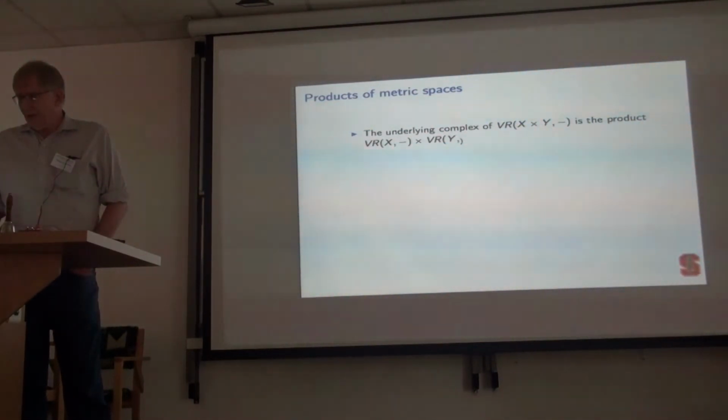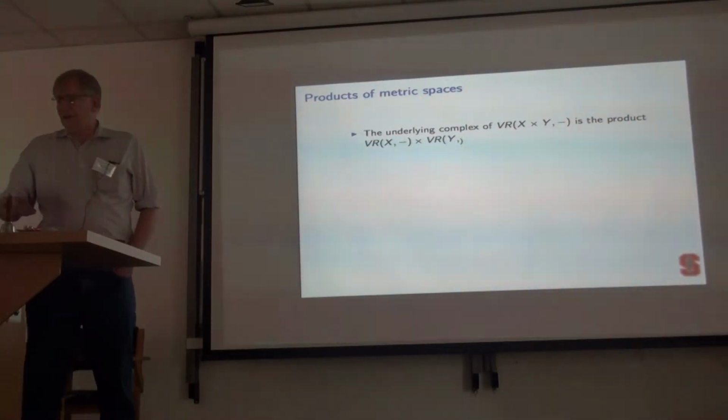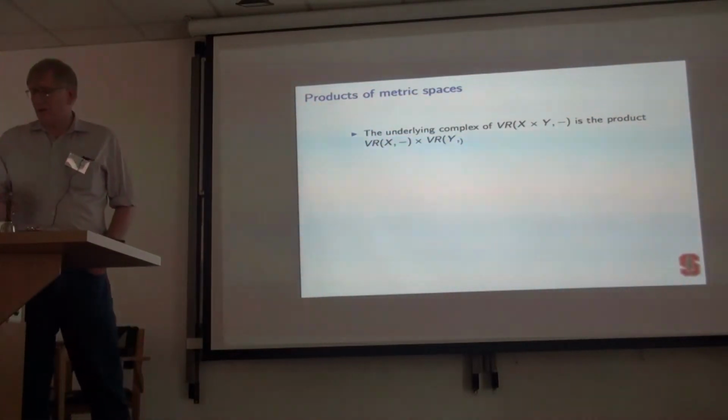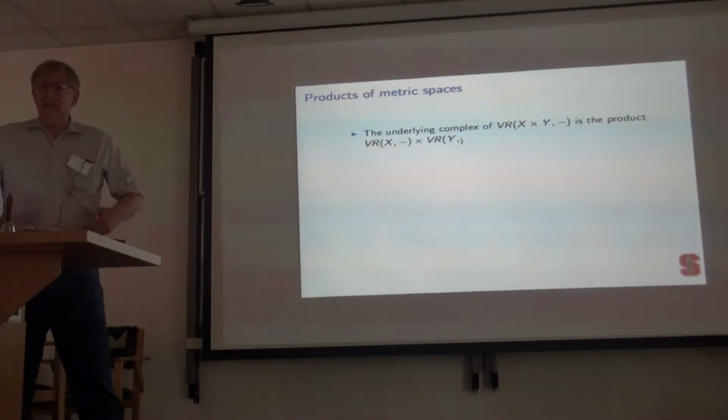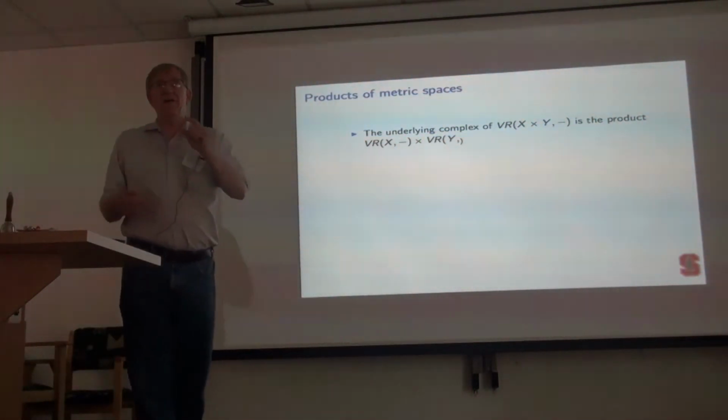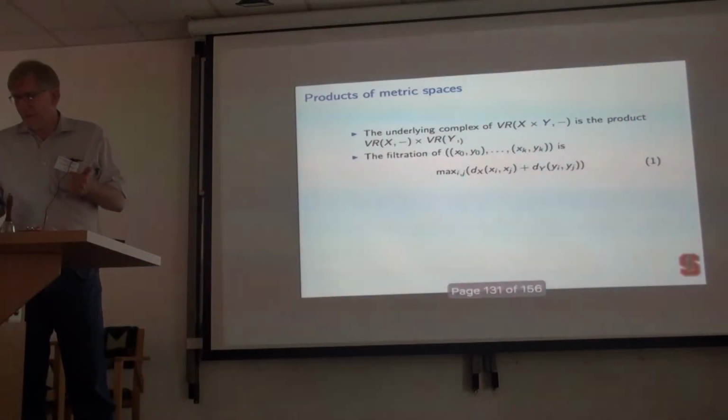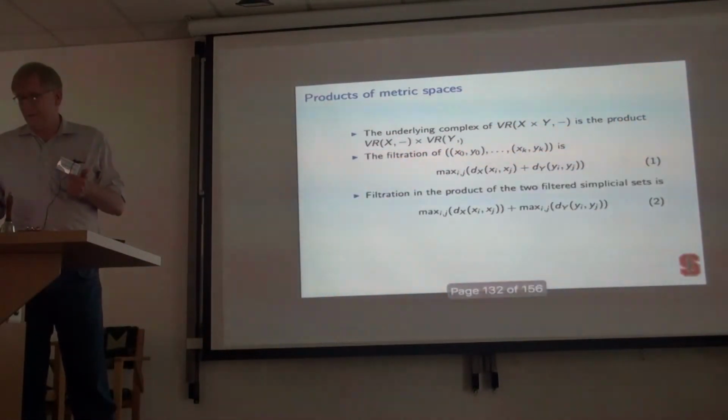So the underlying complex of VR of X cross Y is the product, and sorry about the typo there. So it looks like we should be in good shape. However, the filtration is different.